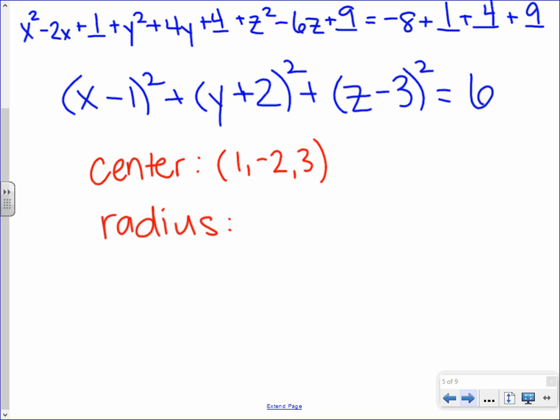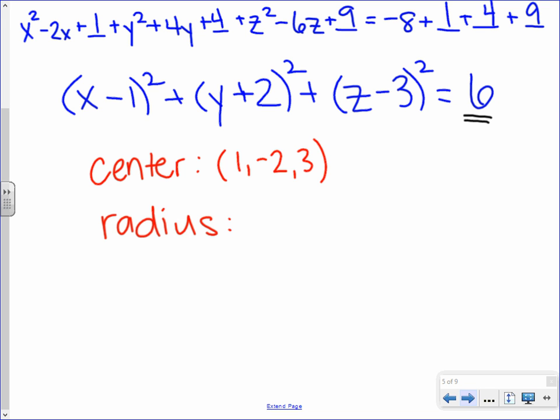How do we identify the radius? Okay, let me rephrase this question. This 6 over here, what's in its place in that general equation? So like the standard form that I wrote for the equation of a sphere? Oh, r squared.